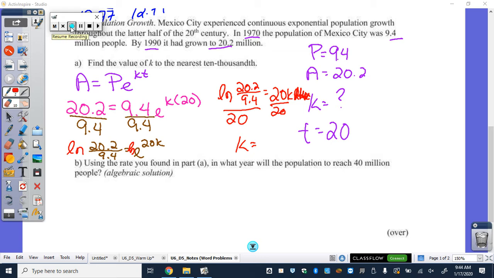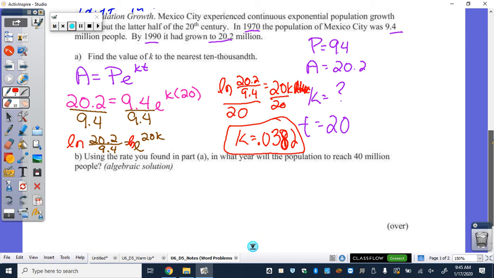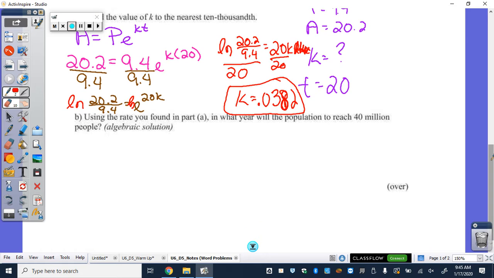All right, so what do we get to the nearest 10,000th? 0.0382. Now part B: using the rate you found in part A, in what year will the population reach 40 million people?